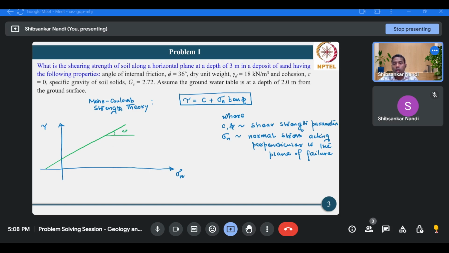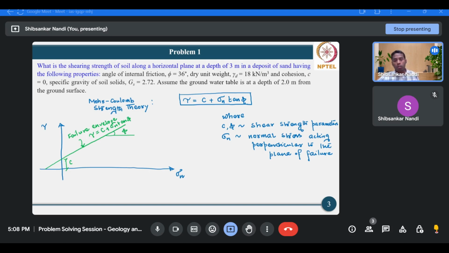This is the angle of internal friction, this intercept is nothing but cohesion, and this is the failure envelope. Okay, so this is tau equals C plus sigma n tan phi.